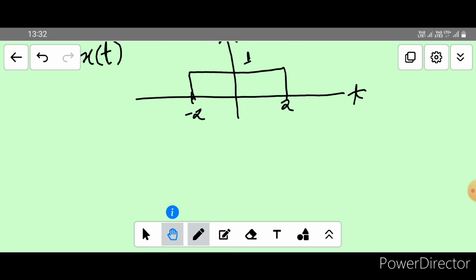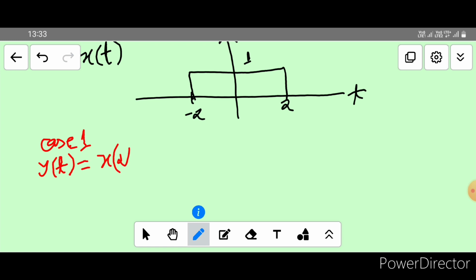Suppose in case 1, we have y(t) equal to x(2t), where the scaling factor 2 is greater than 1. Always remember, when the scaling factor is greater than 1, we divide by that scaling factor directly on the time axis.